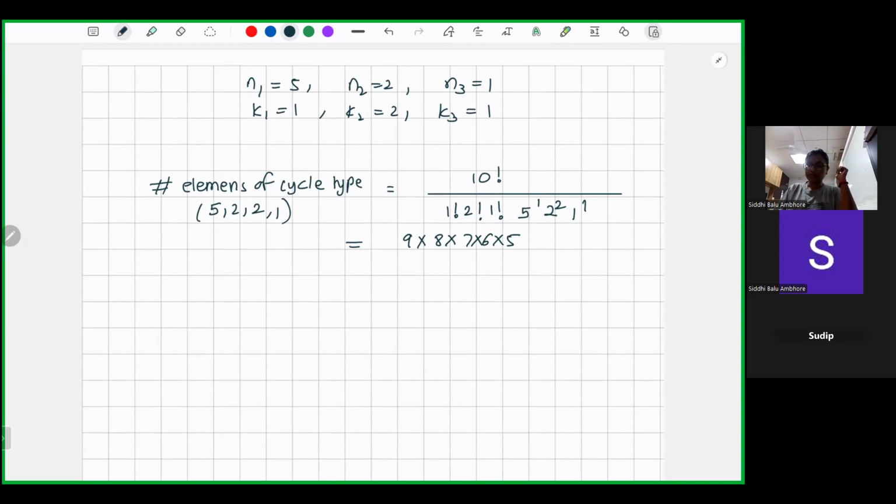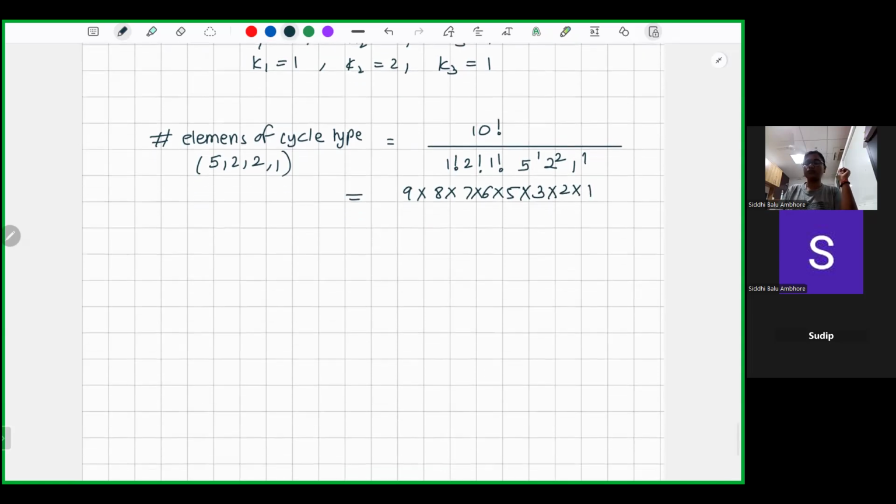Yeah, 5 is there because 5 was only 1 here. And 4 is gone: 3, 2, and 1. So this is 9 factorial divided by 4.